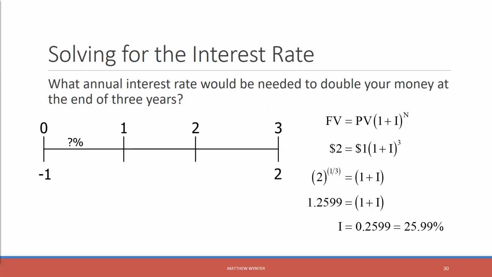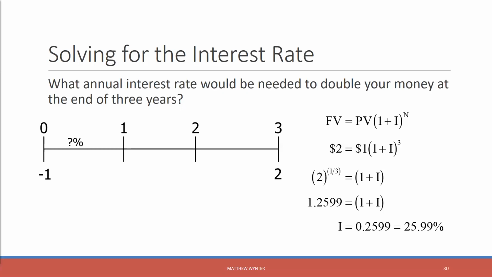Next, I want to raise everything to the 1/3. 1 plus I to the power of 3 raised to the 1/3 equals 1 plus I. And 2 to the 1/3 is just me taking the cube root of 2. When I solve everything down and solve for I, I'm going to find that I equals 25.99%. I equals 0.2599.